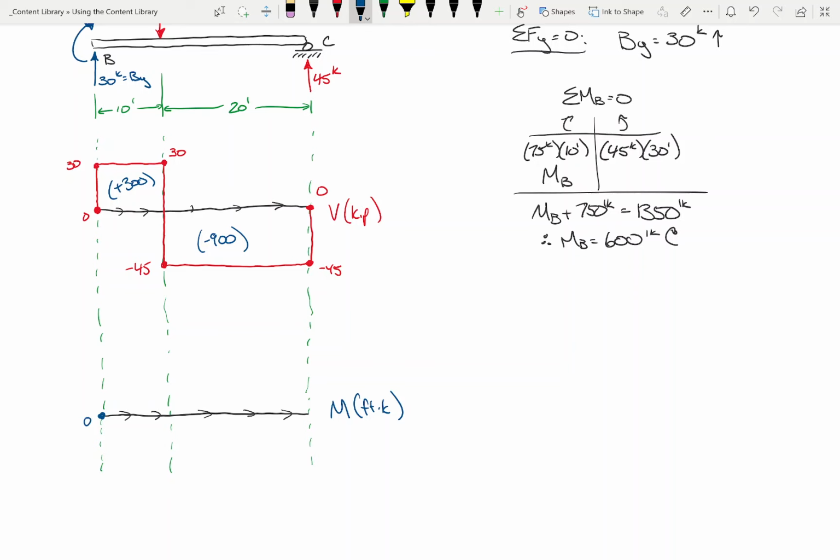Start at 0, sudden jump upward to 600, then a linear increase to 900, and a linear decrease back to 0. Does that make sense?